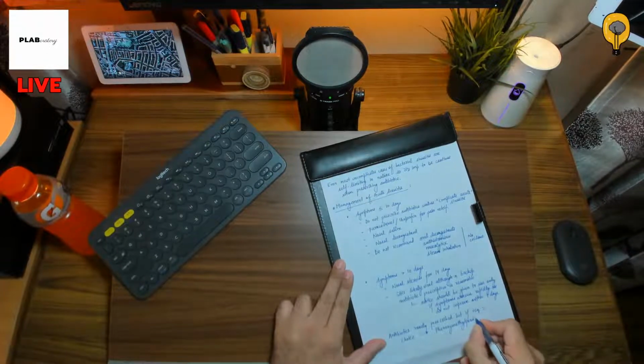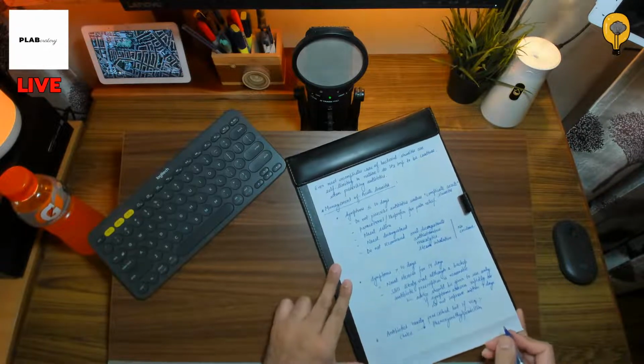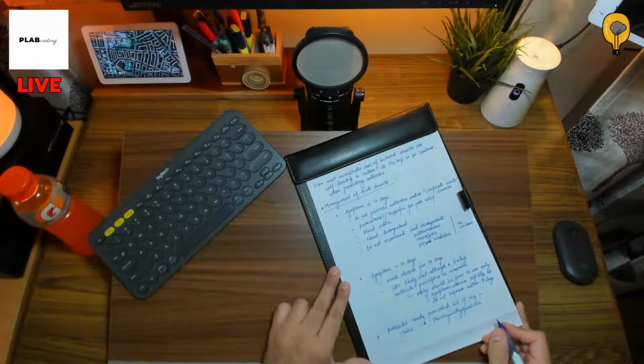Antibiotic choice for the systemically unwell is coamoxiclav.